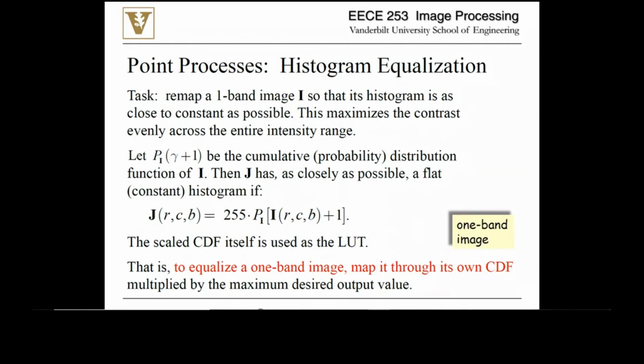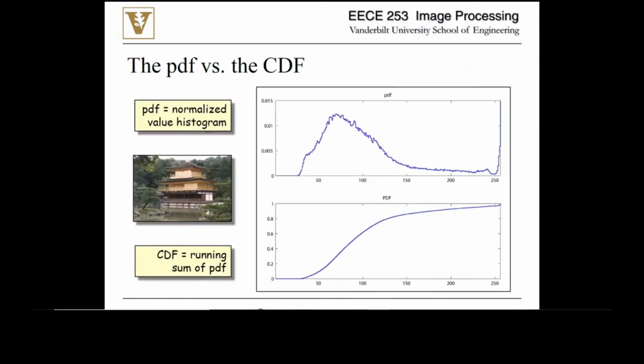The important part is this one. So you're using this transformation as your lookup table, multiplying by 255. If I have a value 100, then I go to this curve, and this curve is telling me by which value I should substitute it in the output image.